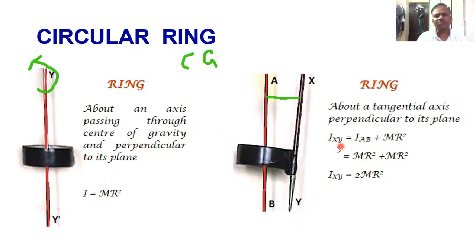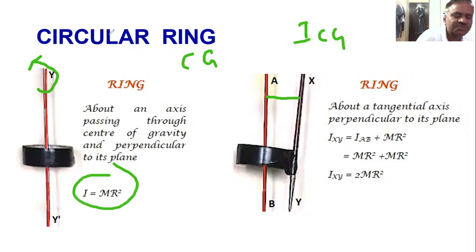Now I know the formula for the parallel axis theorem here. Moment of inertia about XY equals I AB, the moment of inertia through the center of gravity.